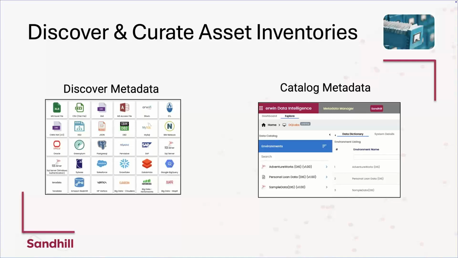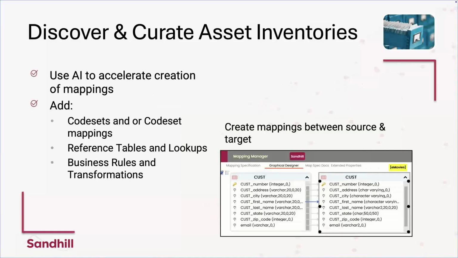You could think about this as a metadata management approach, but the use of AI to accelerate the creation and discovery of metadata also exists. That would include things like code sets and code set maps, reference tables, business rules, transformations, because you're going to need to know all of this if you're going to migrate information from one location to another.